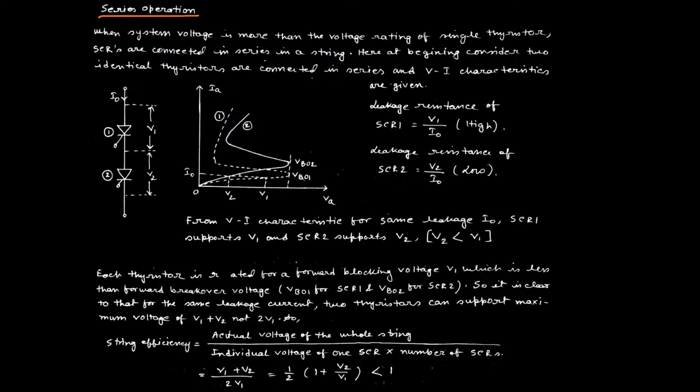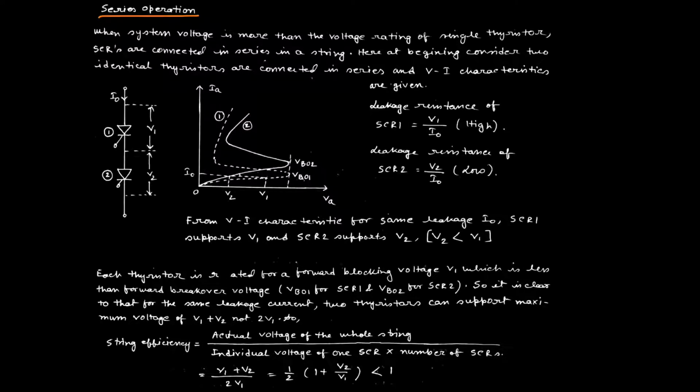Normally we assume the first SCR has a high resistance path, and the second SCR has a low resistance path. Considering the resistivity of these SCRs, we can plot these VI characteristics. The dotted line is defined by the SCR1 characteristics, and the straight line is defined by the SCR2 characteristics.